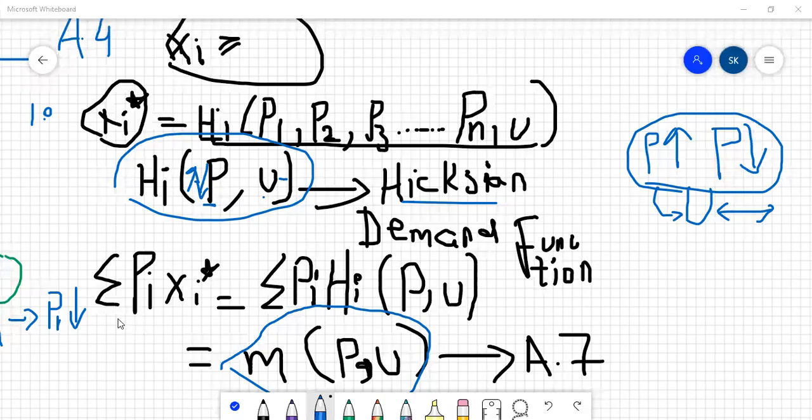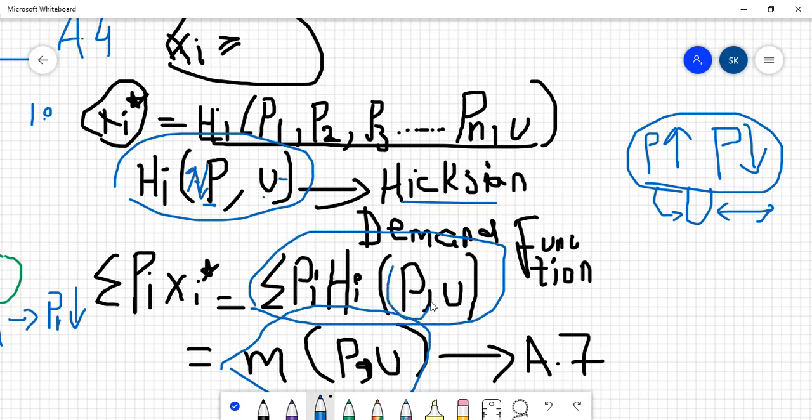This is the function: summation pi xi star is equal to summation pi hi of p, u. What function is this? This is the demand function, generally referred to as either the Hicksian demand function or the compensated demand function. Why is it the Hicksian or compensated demand function?